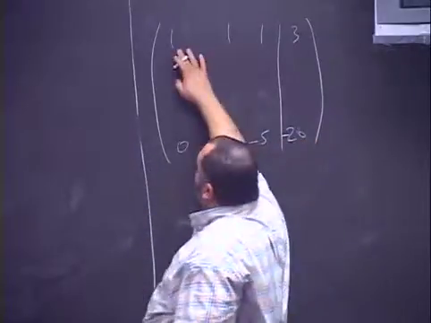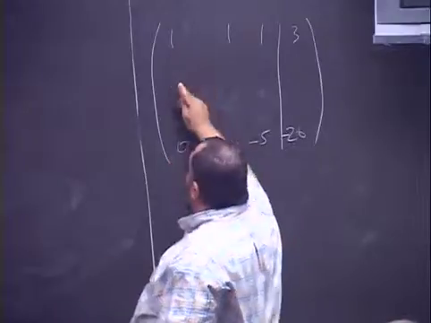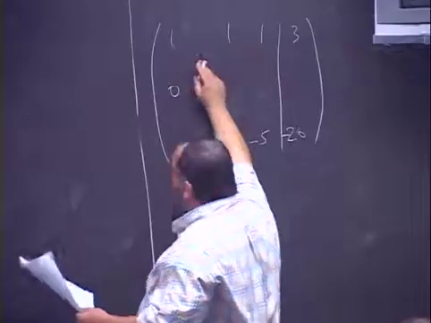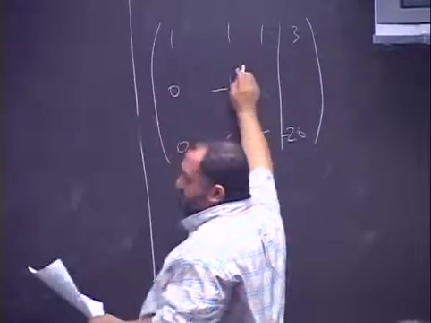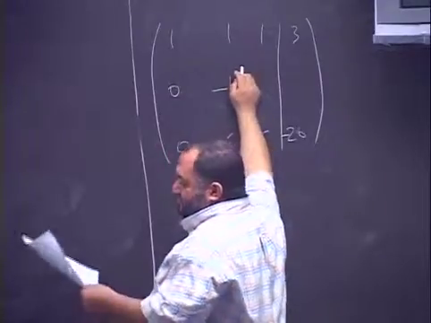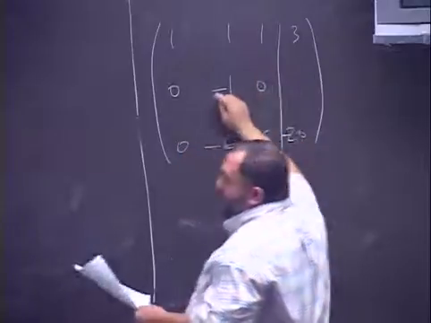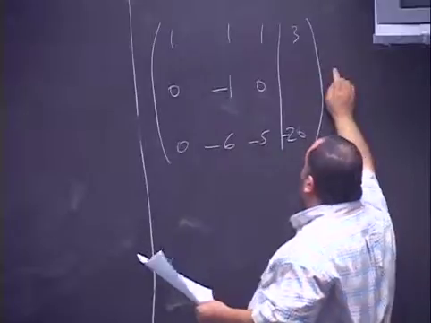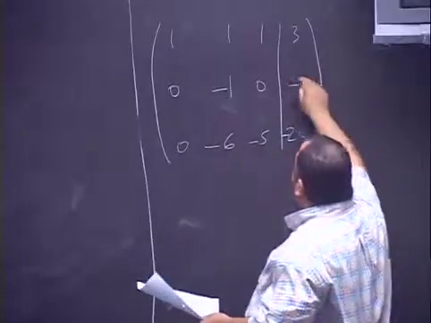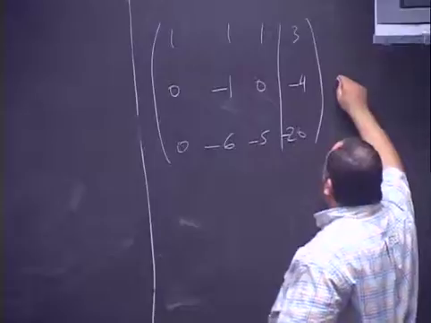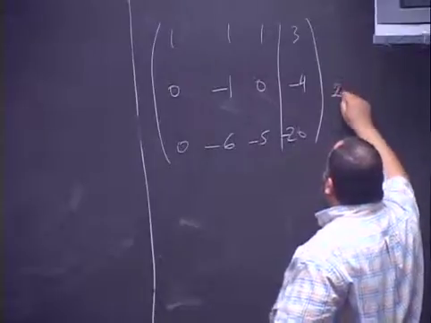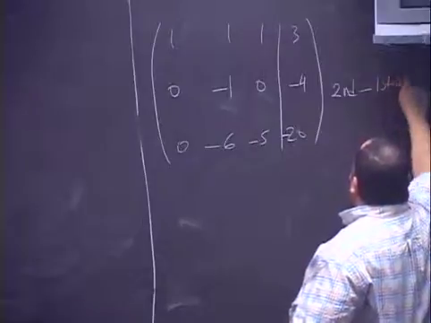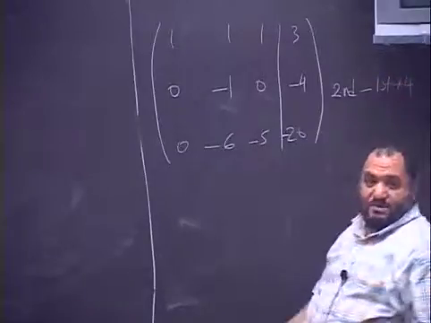Then 4 by 1 is 4, 4 minus 4 is 0. 4 by 1 is 4, 3 minus 4 is minus 1. 4 by 1 is 4, 4 minus 4 is 0. And 4 by 3 is 12. So this is second minus first multiplied by 4.